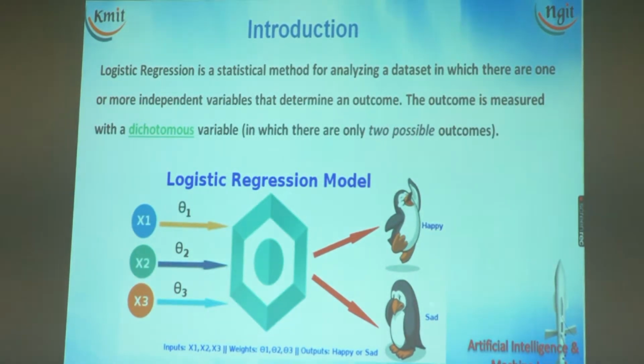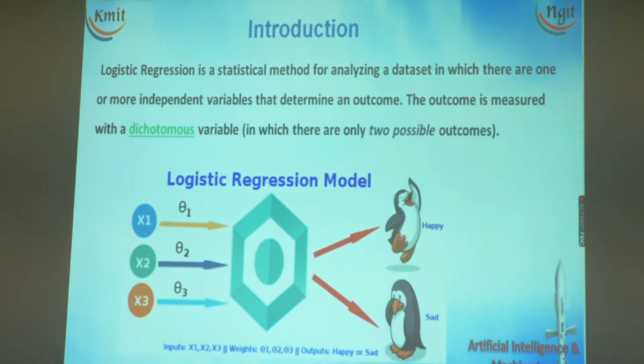Coming to here, I am not interested in this model. What is this model? Logistic regression, giving some inputs, getting some outputs, happy or sad. This is not my idea of an engineer. But I see the inputs, the weights and the outputs.